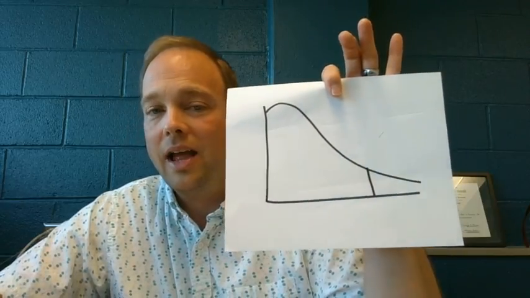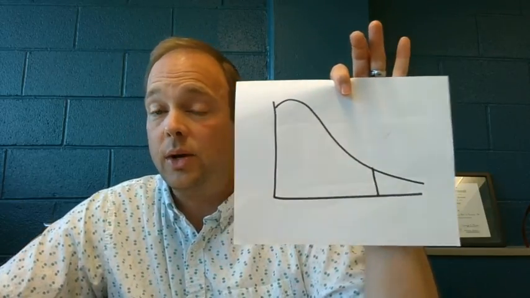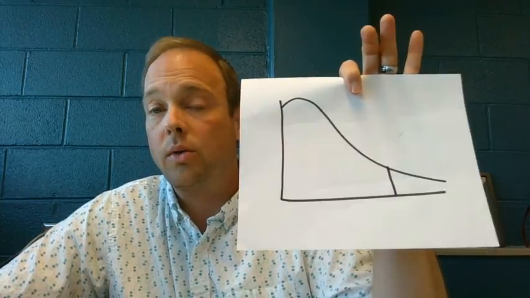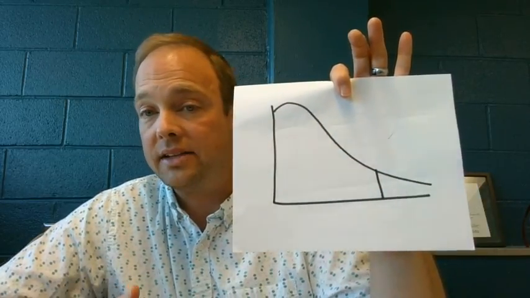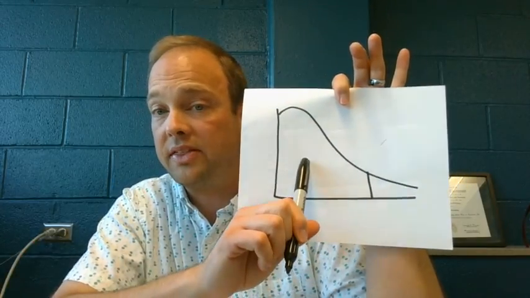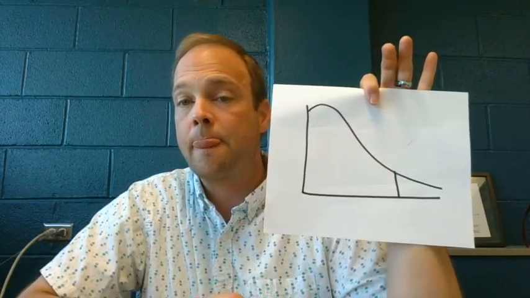It's not very straight. And also, the other thing you're going to have to do is indicate the size of the tail, and I also want you to indicate the size of the body as well.